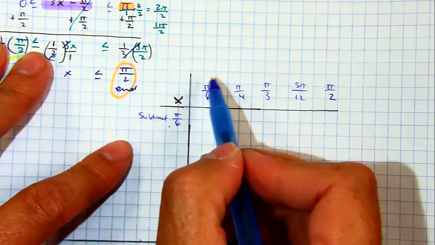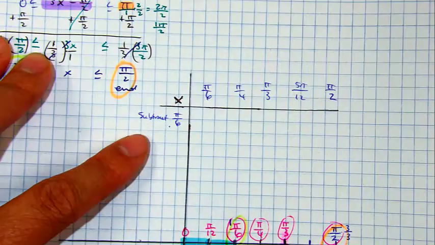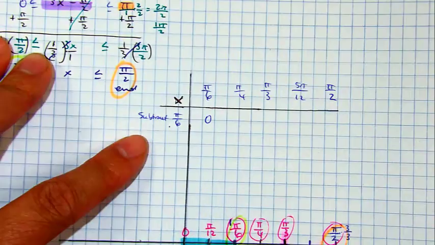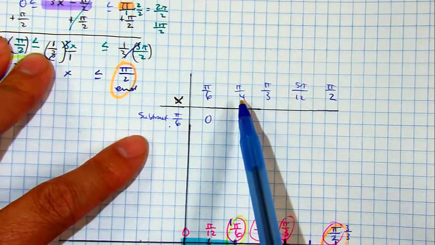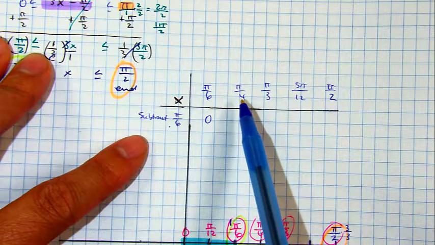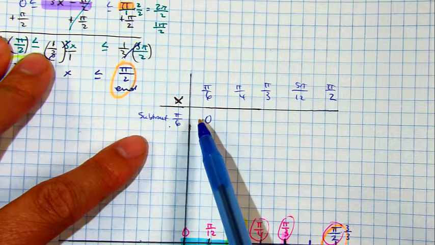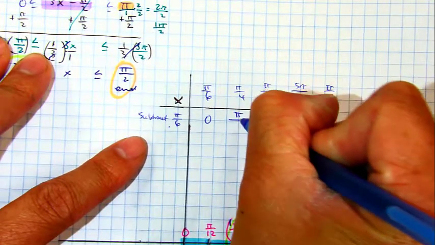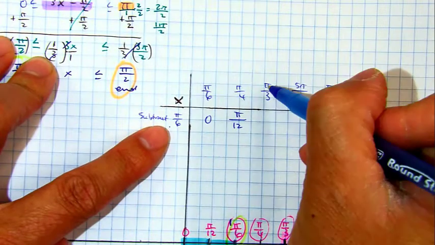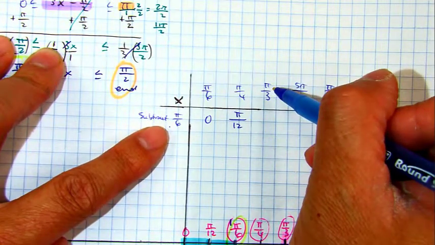So class, 1 pi over 6 minus 1 pi over 6 is 0. You can use what's below. This is going to be 3 pi over 12 minus 2 pi over 12 gives us what? Pi over 12. 2 pi over 6 minus 1 pi over 6 gives us what?